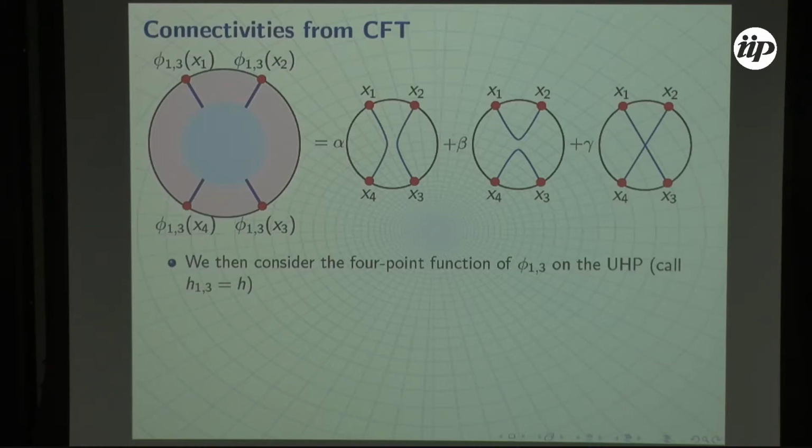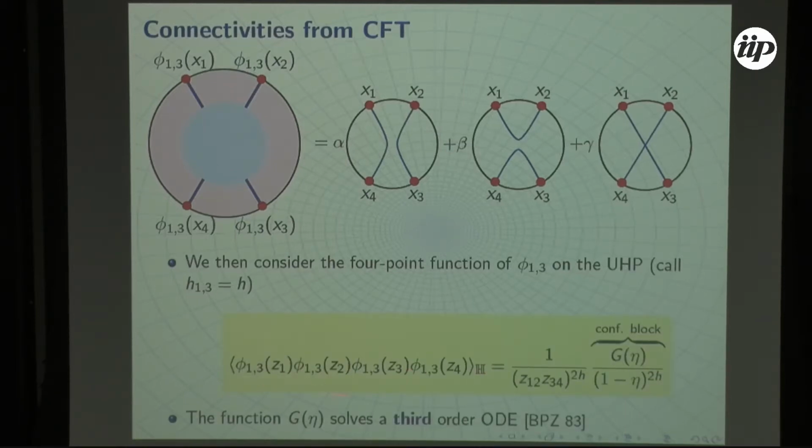Right? And this 4-point function, it's subtle. The fact that it solves a linear differential equation of degree 3 follows from BPZ. The fact that you can assume it is rather subtle because the theory is not unitary in principle, but is self-consistent.